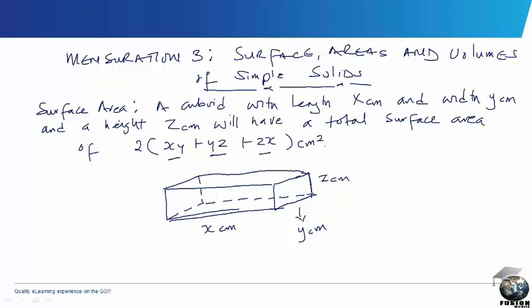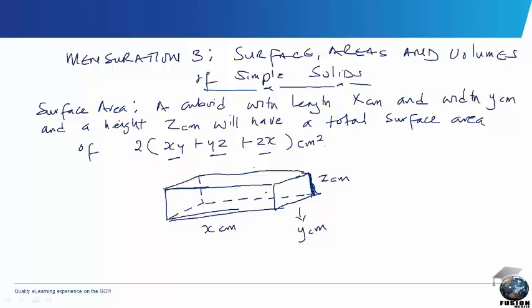Since these are the possible combinations for each of the sides, each of the sides is repeated twice, because the surface area here can also be seen at the back of the box. The same applies here, and the top and the bottom are like so.